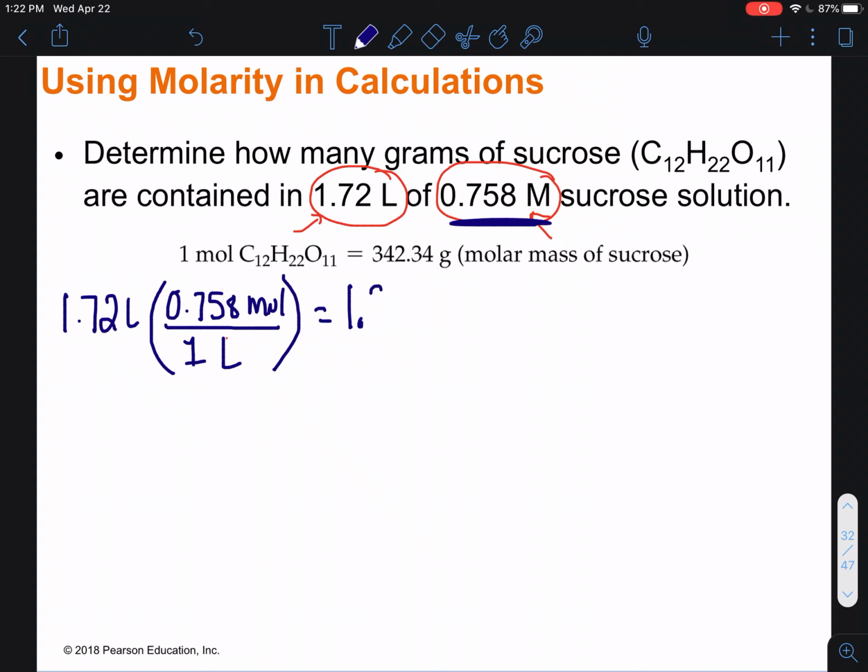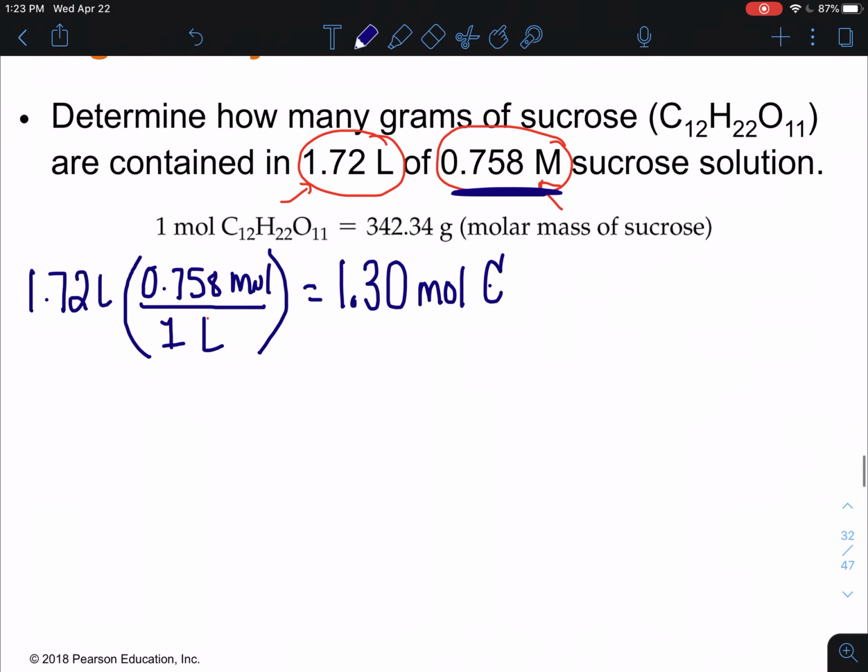We're working with 3 sig figs here, so it's going to be 1.30 mole, and this is mole C12H22O11, mole sucrose.